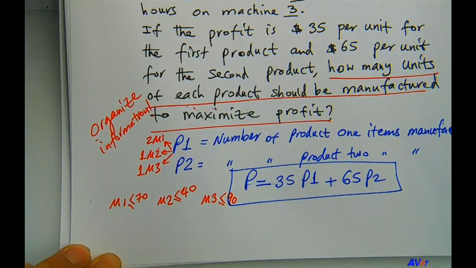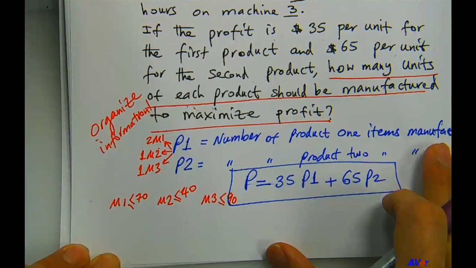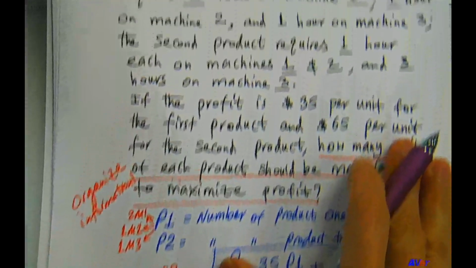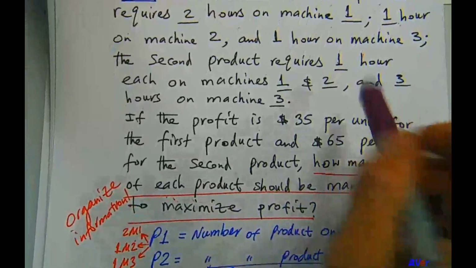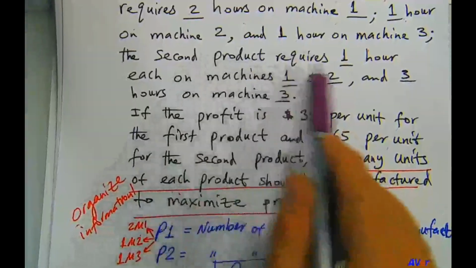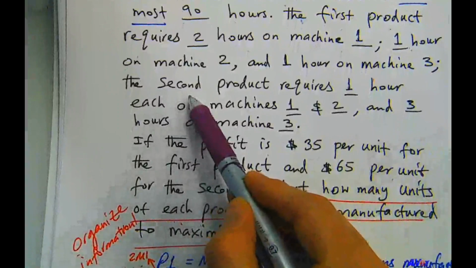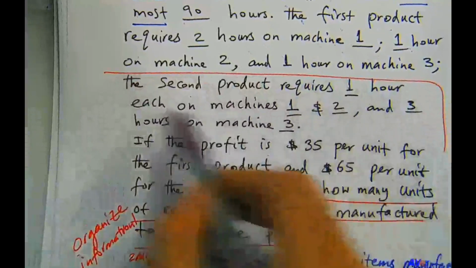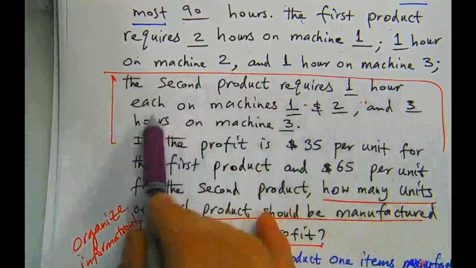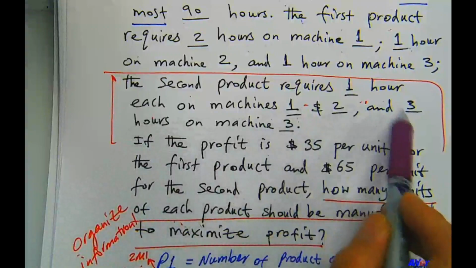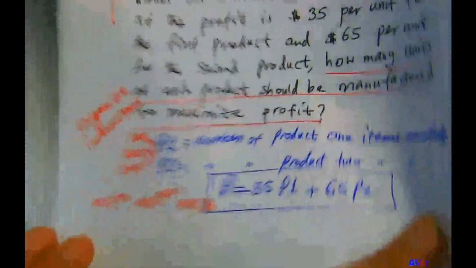We find out what variables we need to introduce, then attach information to those variables. Then we are told that the second product, this one, the second product, requires 1 hour each on machines 1 and 2 and 3 hours on machine 3.